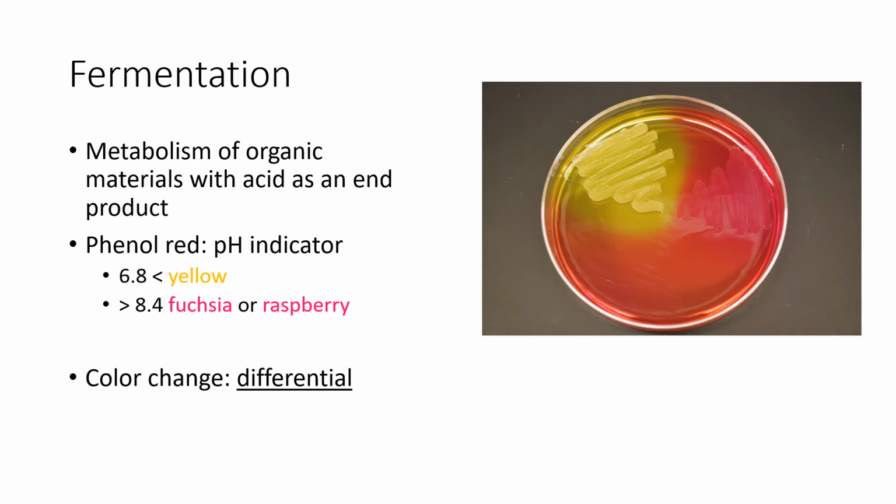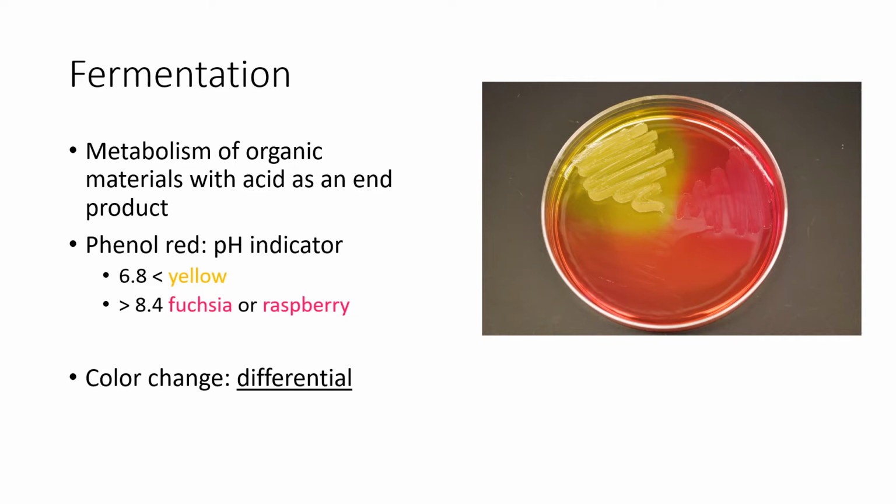Okay, so for this test, then, I have a way to check for fermentation. I have a fermentable substrate, which is the mannitol. It's a sugar, which could be fermented. If it is fermented, I'll see it because of a color change to yellow by the phenol red. And if they don't ferment, they'll eat the peptone in just a normal way, cellular respiration, which produces only water and carbon dioxide.